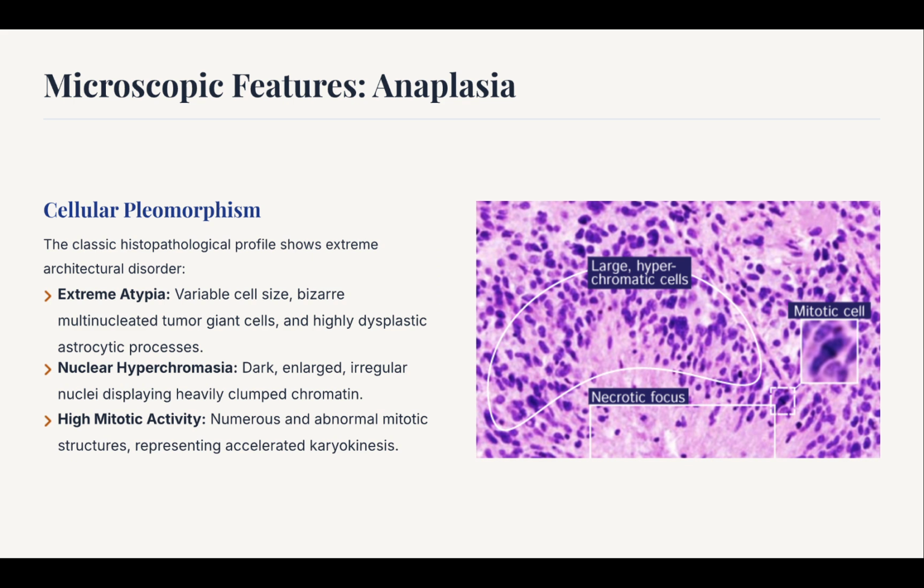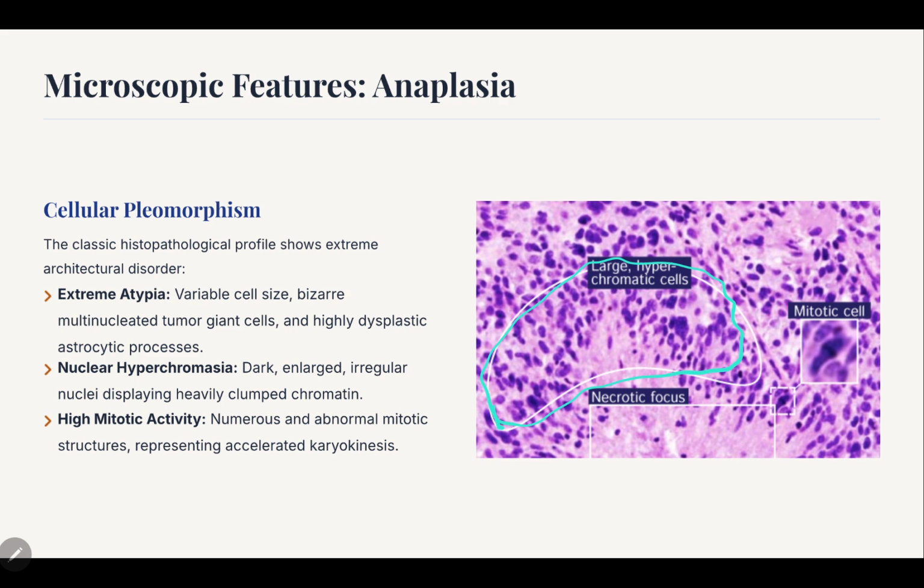There is variable cell size, bizarre multinucleated tumor giant cells, and highly dysplastic astrocytic processes, which can be noticed in the picture. Dark, enlarged, irregular nuclei displaying heavily clumped chromatin can be noticed in this zone.